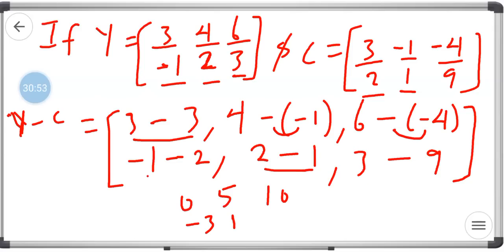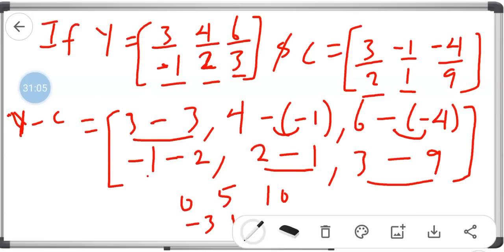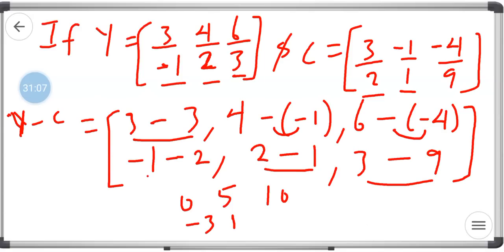The last one, 3 minus 9, gives us -6. So we have 0, 5, 10, -3, 1, and -6.